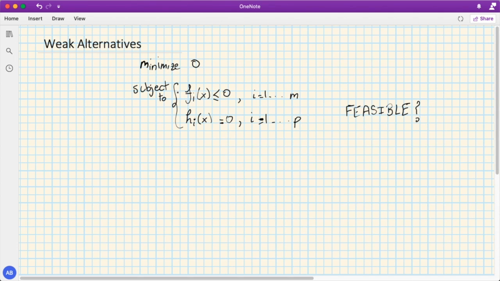So it turns out that if we take a closer look at this problem, right, we're minimizing 0, right? We're not doing anything fancy.